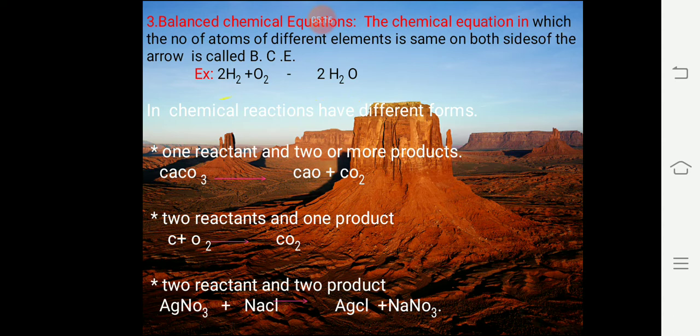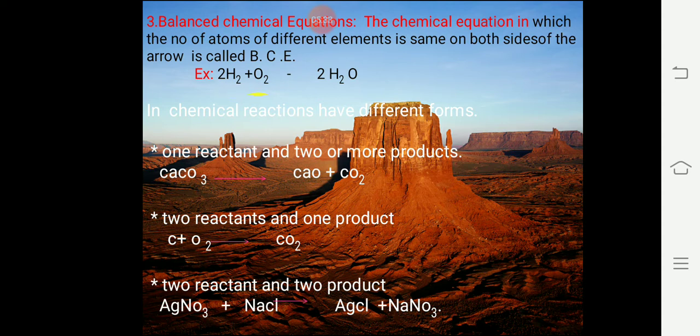Here hydrogen is present and oxygen is present. Next, how many atoms are present in the chemical equation? Here hydrogen has 4 atoms and oxygen has 2 atoms on the reactant side.